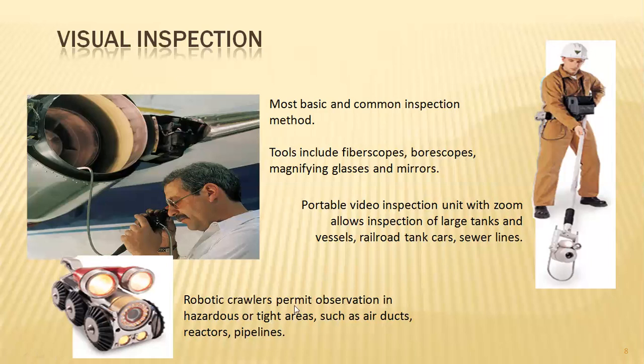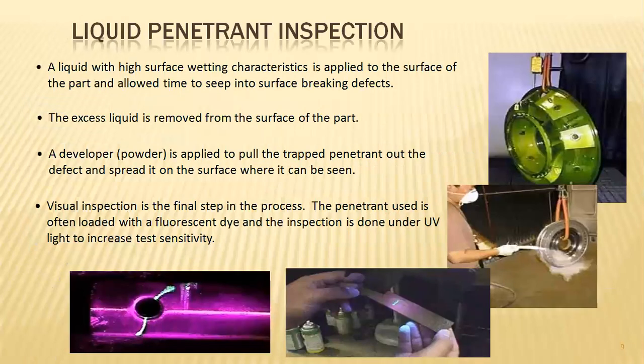It is best placed in tight areas, very tight areas or hazardous situations, and in pipelines to inspect pressure variations or any leaks, in reactors whether the temperature is maintained properly or there is any deviation, and in air ducts whether air gaps or pores are present at that particular place or not. All of this can be identified with visual inspection.